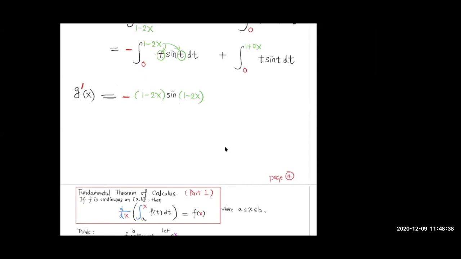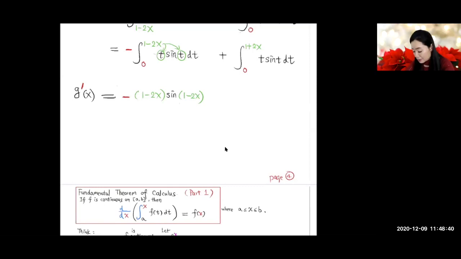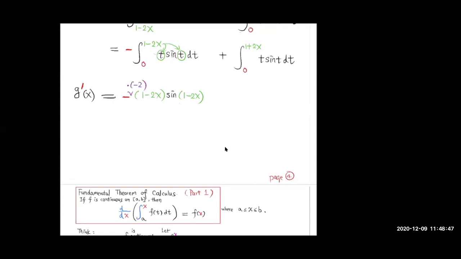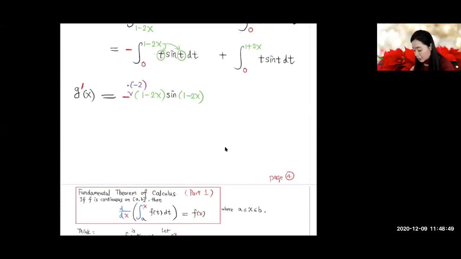Negative 2, right? So we need to times negative 2. Let's put it over here, because if I put it in the back, it looks like negative 2 times this, okay? So I like to put it in front. Okay, done with this one.